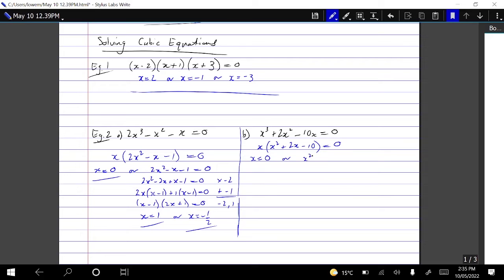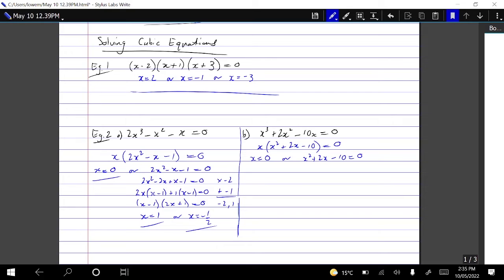Or we need to look at x squared plus 2x minus 10 equals 0. So looking for two numbers that multiply to give -10 and add to give +2, well, it's not going to easily work, is it? Because the factors of 10 are going to be 10 and 1 or 2 and 5. No combination of negatives and positives is going to give us +2. So there may or may not be a solution.